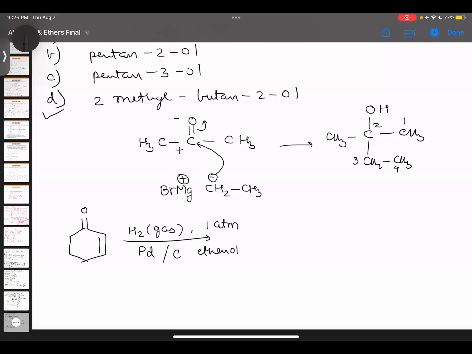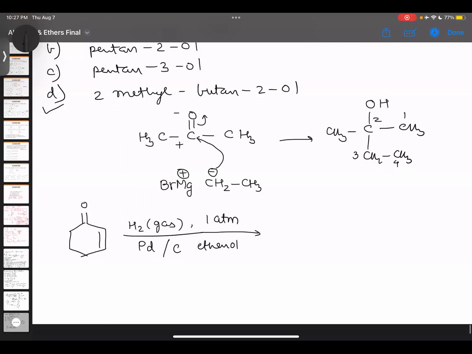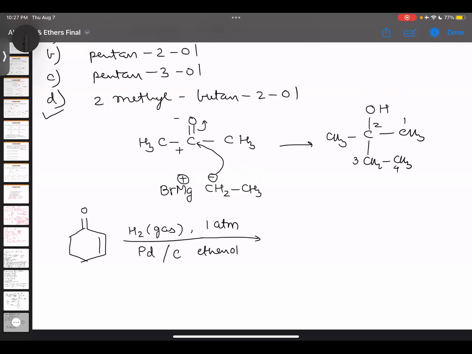One atmosphere pressure is just the pressure in which we are currently present, that is 1 atmosphere. It's not very high. Okay. So options they have given. So this is basically about the reduction.